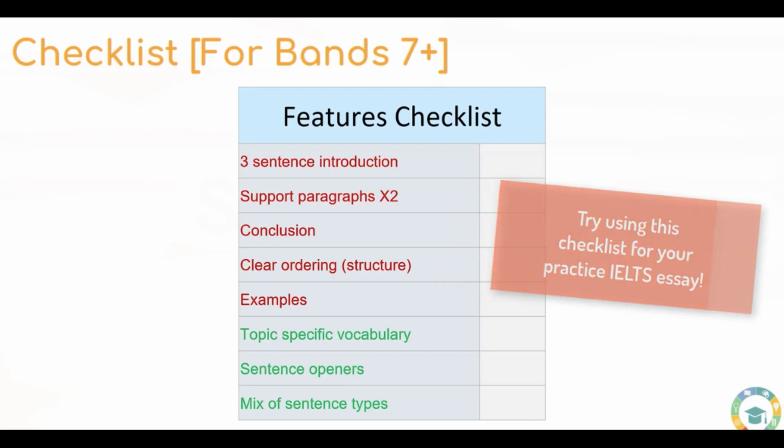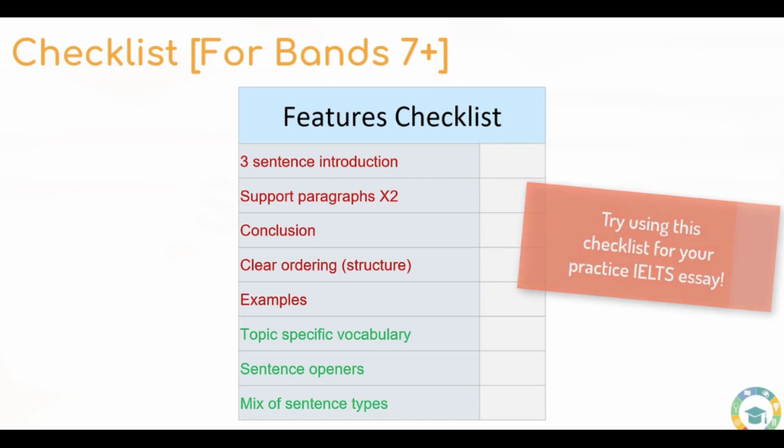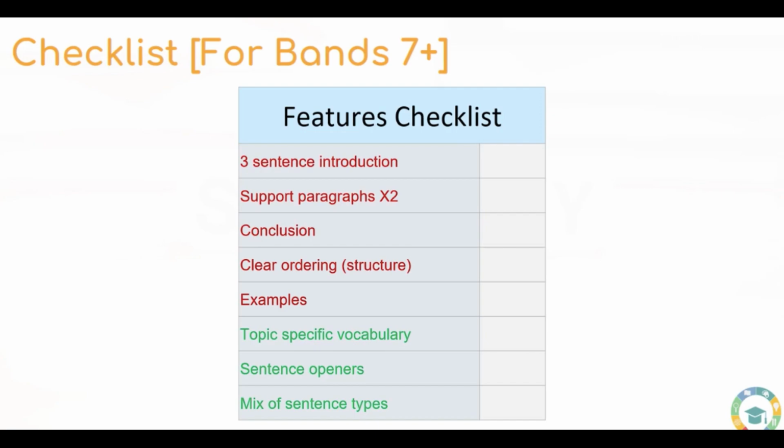Again, if you're writing essays for other task 2 questions, I suggest using this to give you some idea about what you need to include. Again, this isn't the whole feature checklist of everything that you must include, but it is 8 clear features that I think you should try and get into your reports.